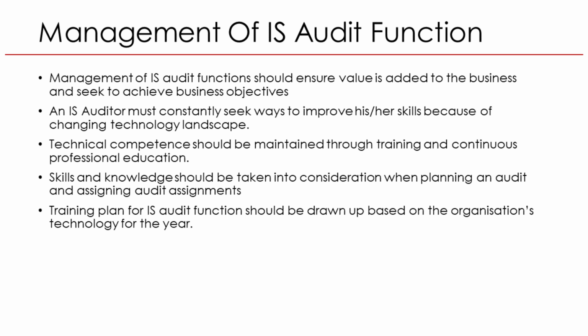Management should ensure auditors maintain technical competence through regular training and professional education. When planning audits, they should assign tasks based on each auditor's skills and experience. A yearly training plan should also align with the organization's technology direction, so the team stays prepared for new systems and risks. In short, continuous learning keeps information systems auditors relevant, capable, and valuable to the organization.